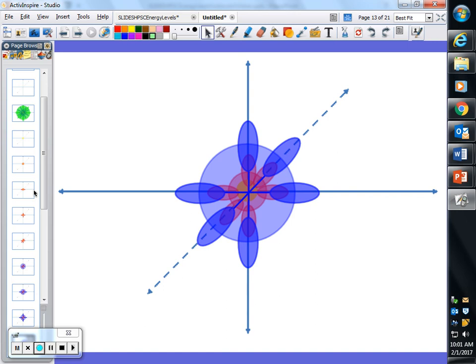The red ones that look like figure eights are stuck on the x-axis, y-axis, and z-axis because we're still really close to the nucleus. But now with these blue ones, we're a little bit farther away. And as we move farther away from the nucleus, there's other spaces that become available because there's more space for them to spread out.